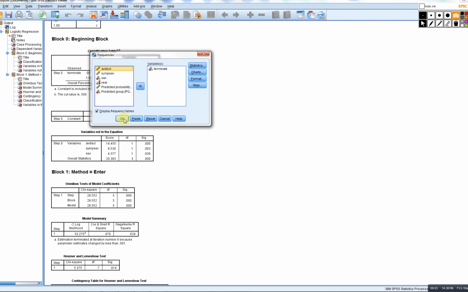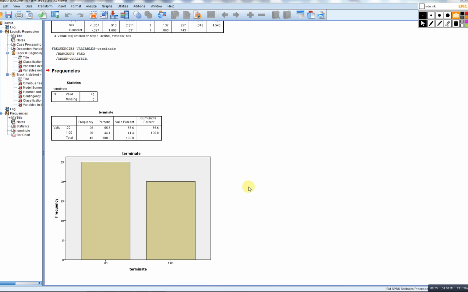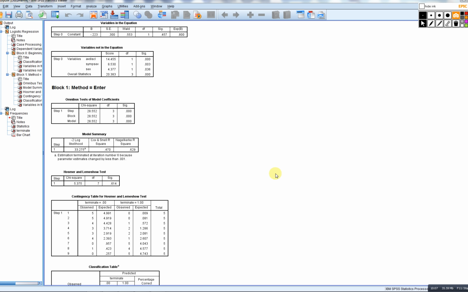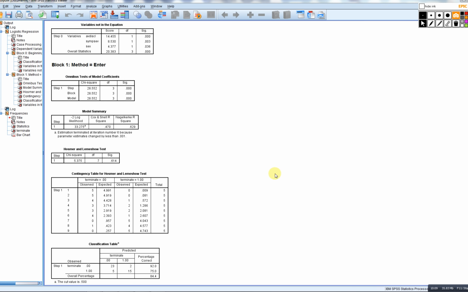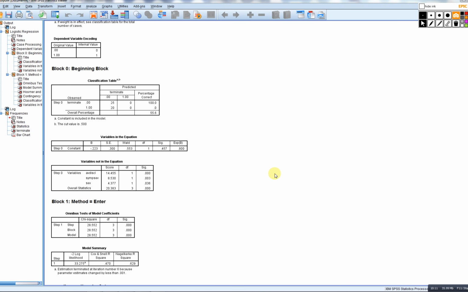You can see right here that we had 55.6% that fell into the group coded 0, 44.4% that actually fell into the group coded 1. So the overall classification accuracy mirrors those percentages that we saw just a second ago.